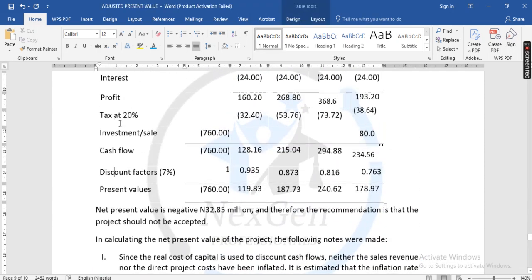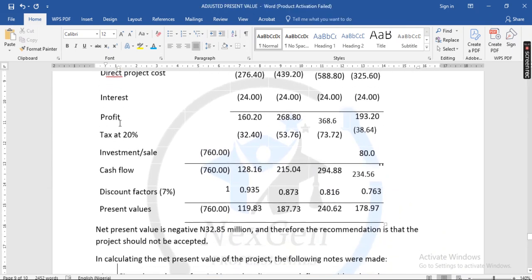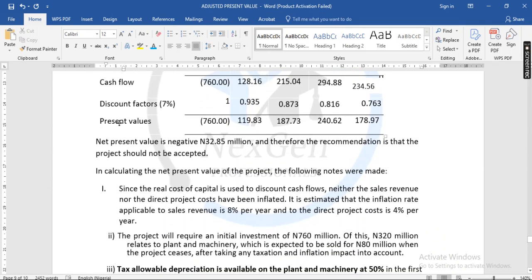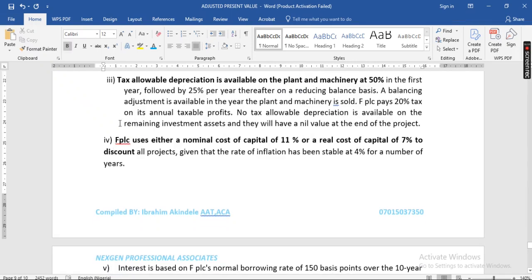And this 7% is a real cost of capital because you've not considered inflation. All this cash flow is real cash flow because you've not taken consideration of inflation to reflect the money cash flow.